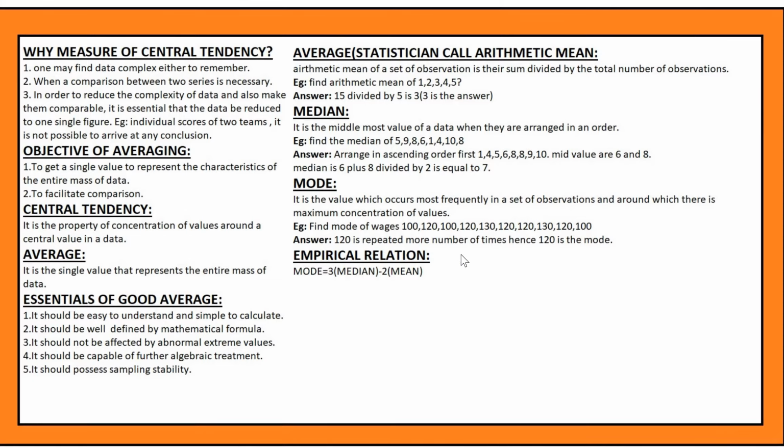In this case, 120 is repeated more number of times, hence 120 is the mode. We have an empirical relationship between mean, median and mode. The formula for that is: if you have to find mode, and you know median and mean, then mode is equal to 3 times median minus 2 times mean.